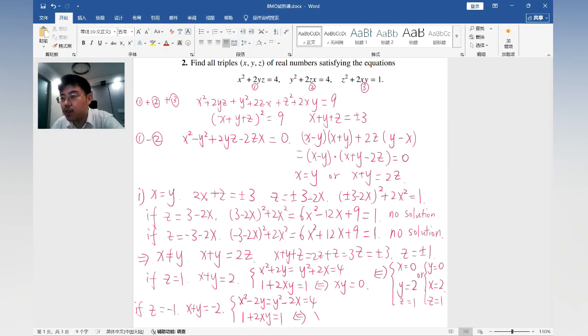So same rule. X 0, y minus 2, z minus 1, or you change the position of x and y.